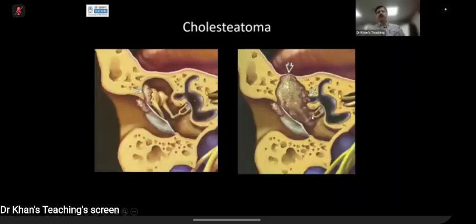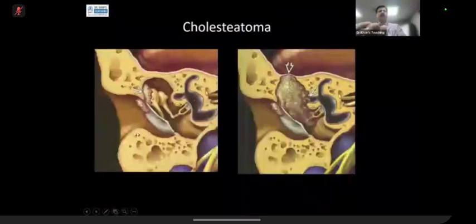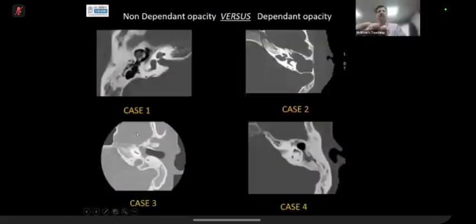Ossicles are eaten up. So all of these things can happen. So if you see here, pars flaccida, pars tensa cholesteatoma. The main thing to remember is non-dependent opacity with bony destruction.